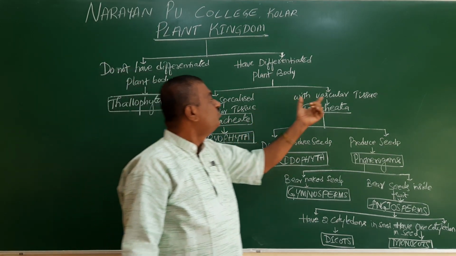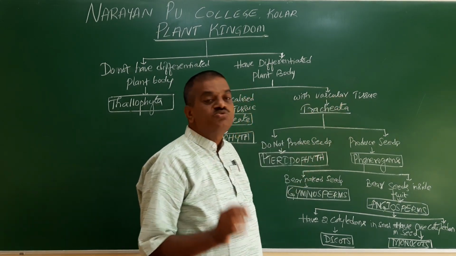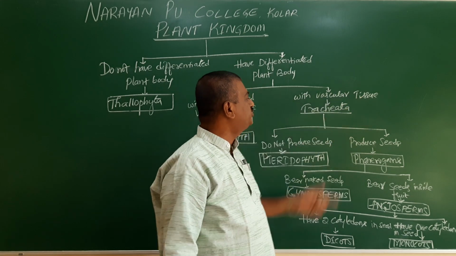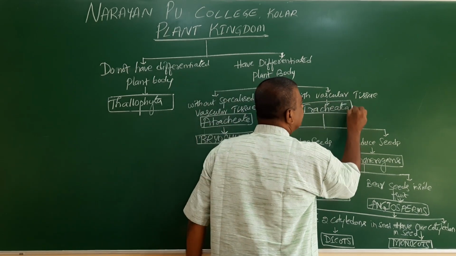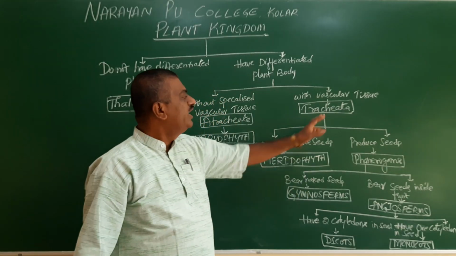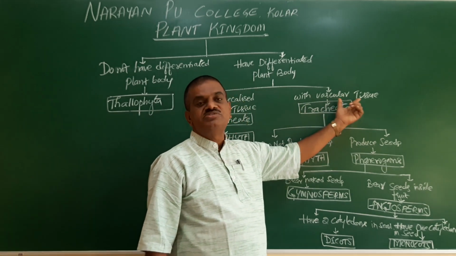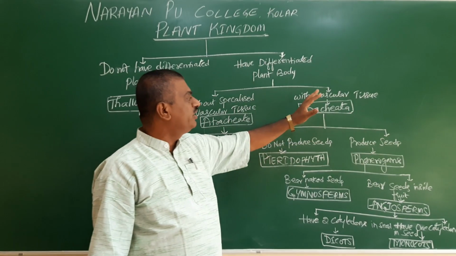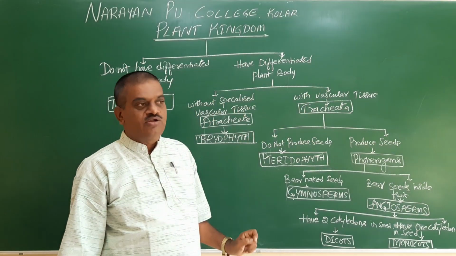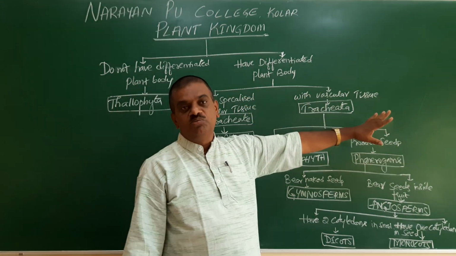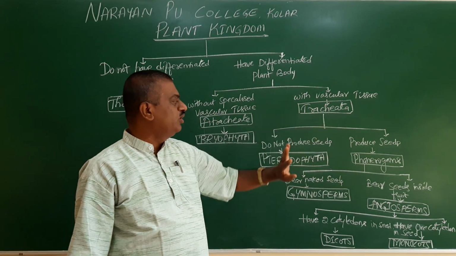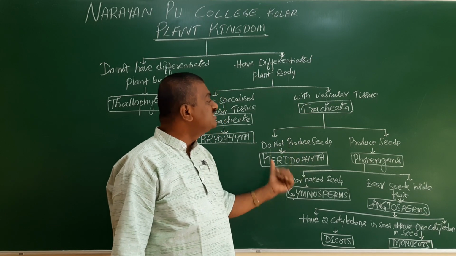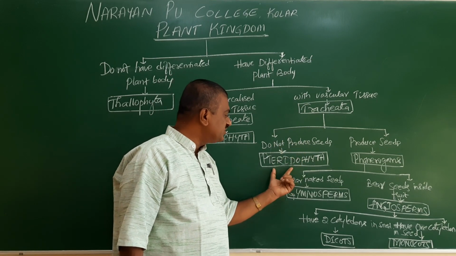Next, we come to the one where the vascular system is present, or we call it with vascular tissue, called Tracheata. In this Tracheata, xylem and phloem are differentiated into different types, based on lower vascular bundles and well organized vascular bundles. Based on the first one, they do not produce seeds. So this is called pteridophytes.